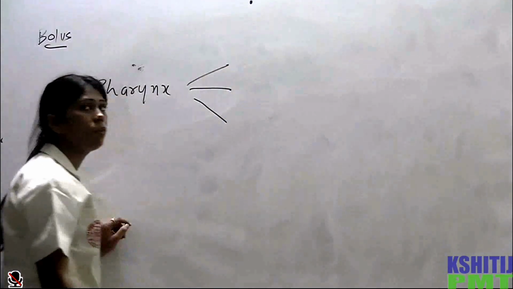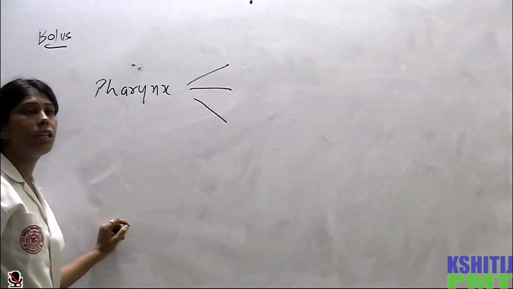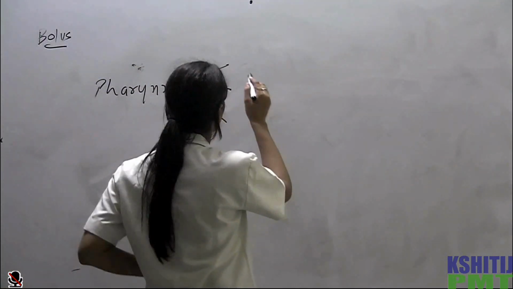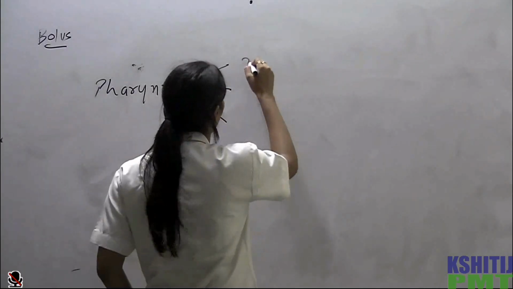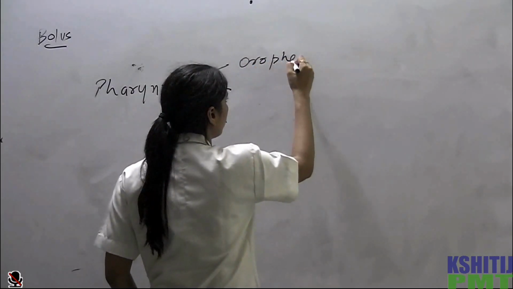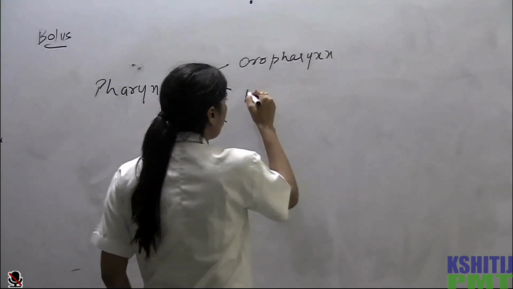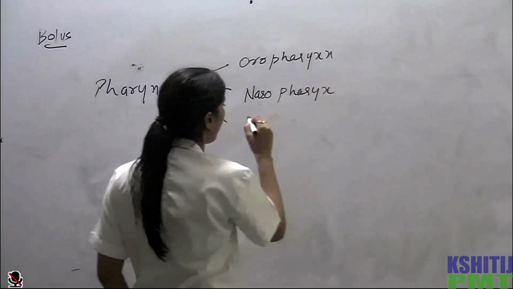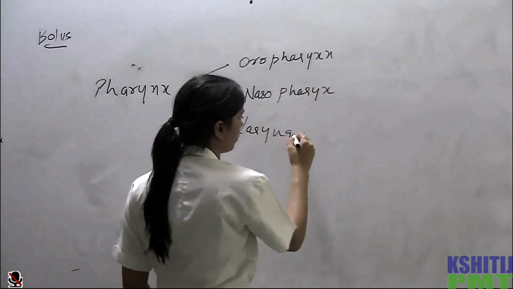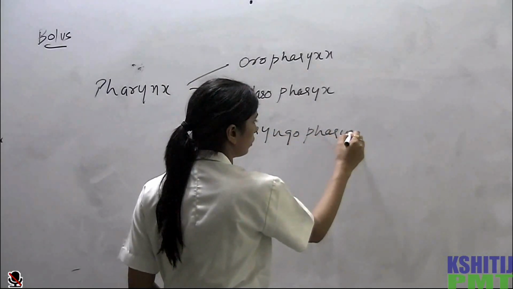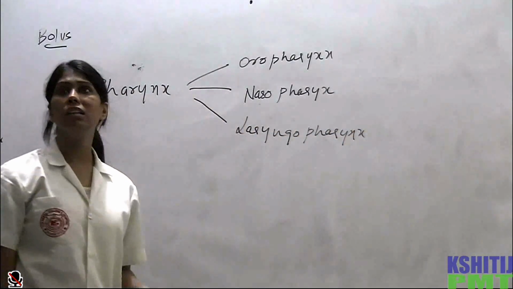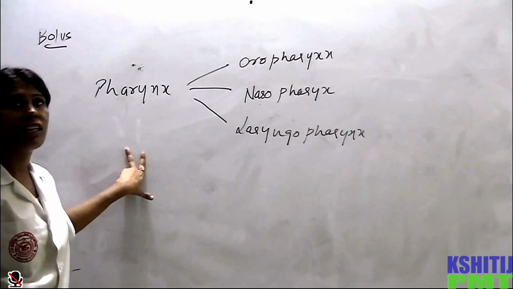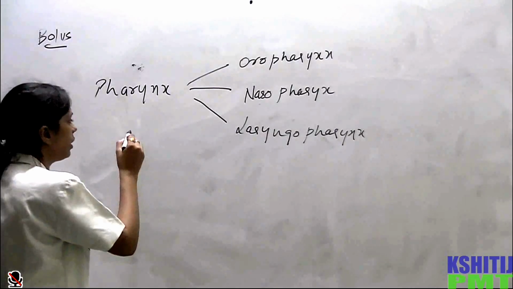Number one, we have the oropharynx, then the nasopharynx, and then the laryngopharynx. So these are the three parts of the pharynx. Now I will show you that in a diagram.